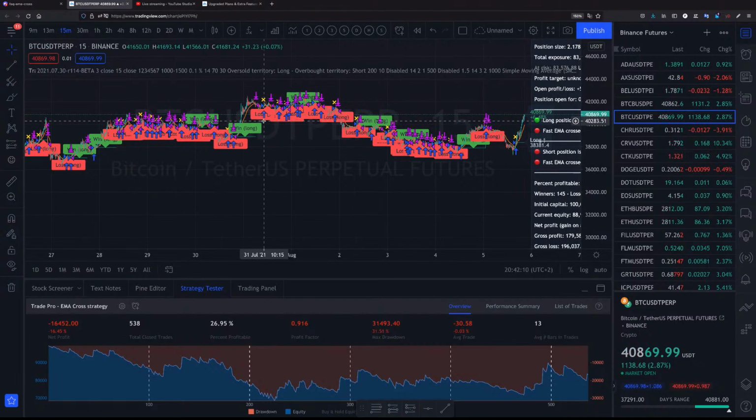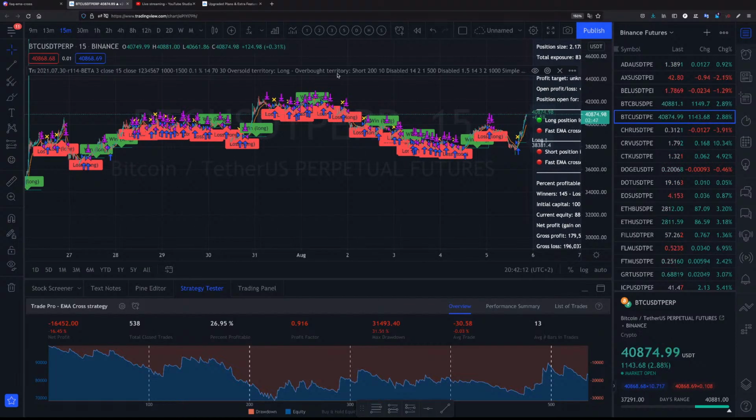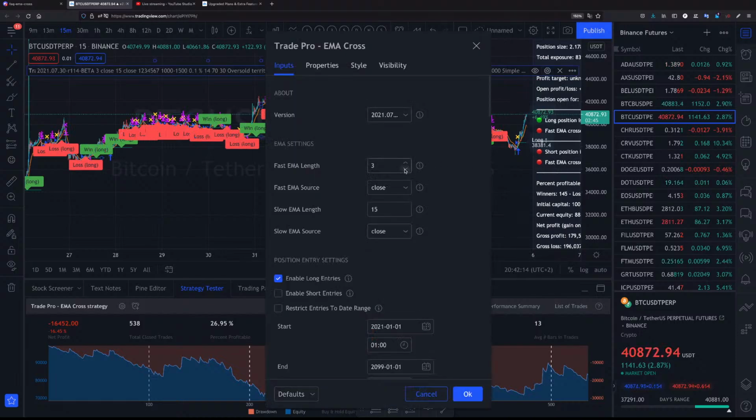Yeah, we get so many crosses because the fast EMA is very, very small, and that's not optimal.